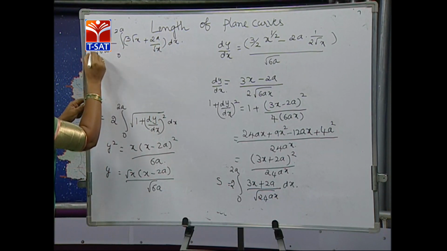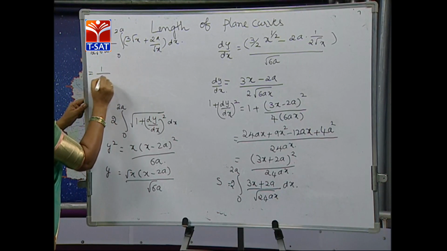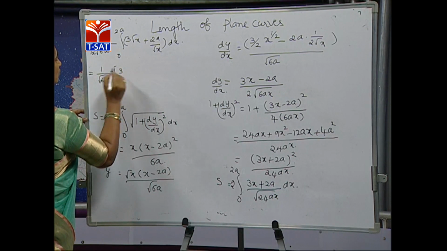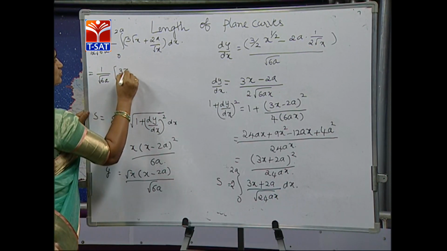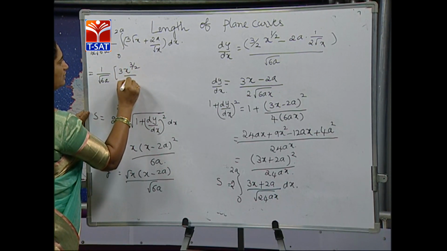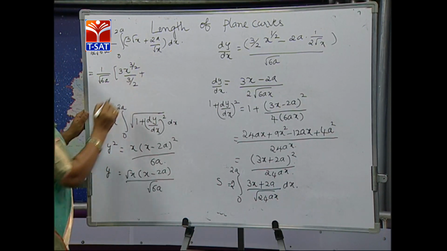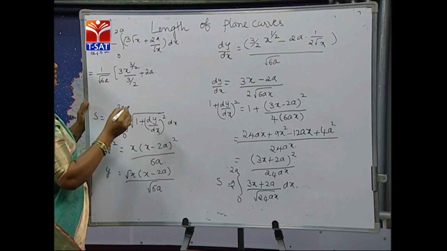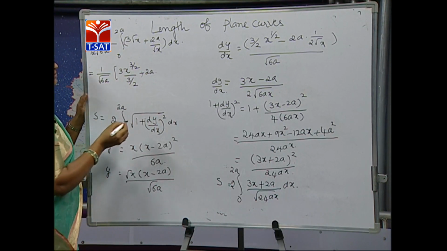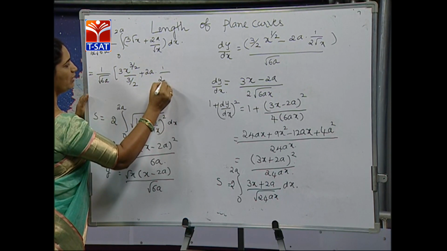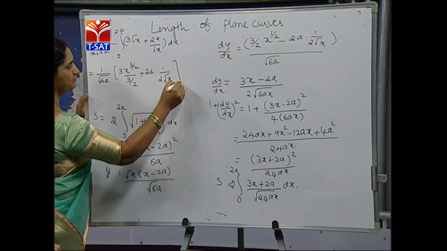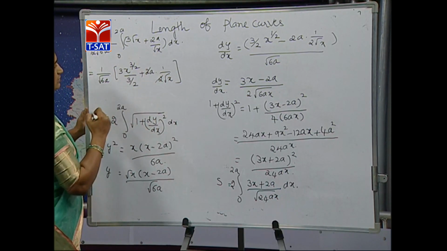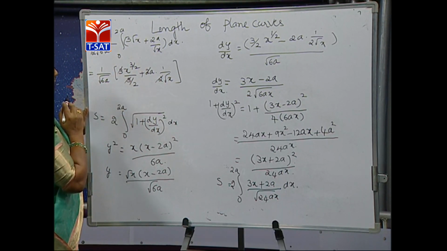So, 2 gets cancelled, 1 by root 6a. The integration of 3 root x is x to the power of 3/2 by 3/2, plus 2a x to the power of minus 1/2 integrates to x to the power of 1/2 by 1/2, that is nothing but 2 root x. Now, 2 gets cancelled, this 3 gets cancelled.